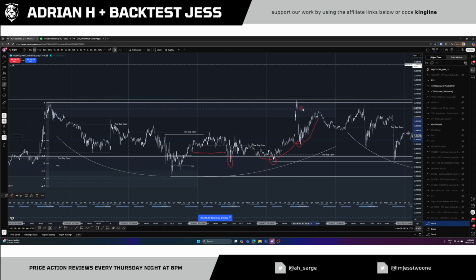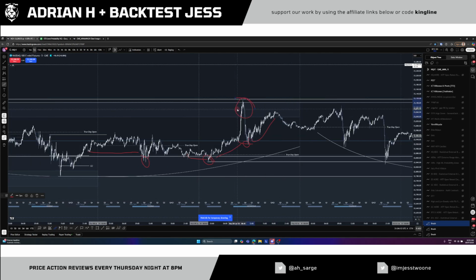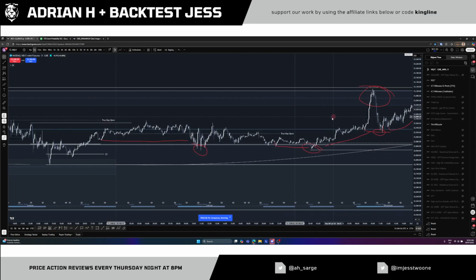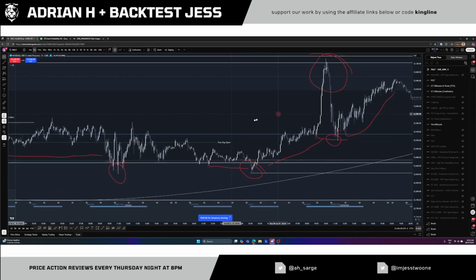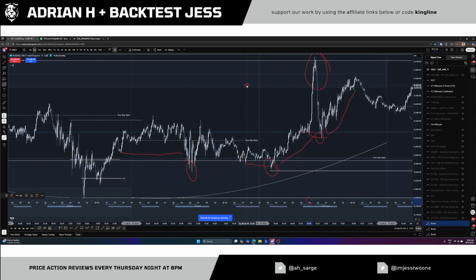But the main target was taken here. So a little raid, trade here during our quarter three, and then that huge expansion.